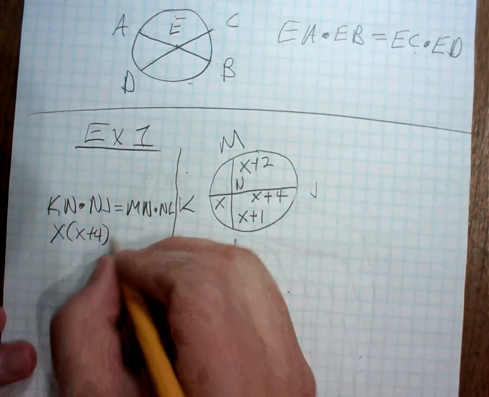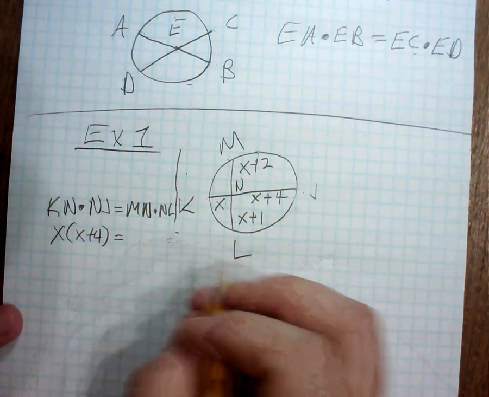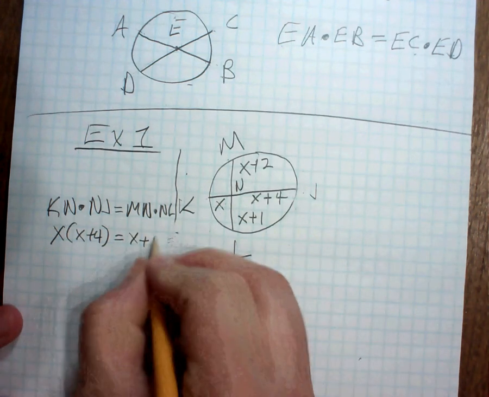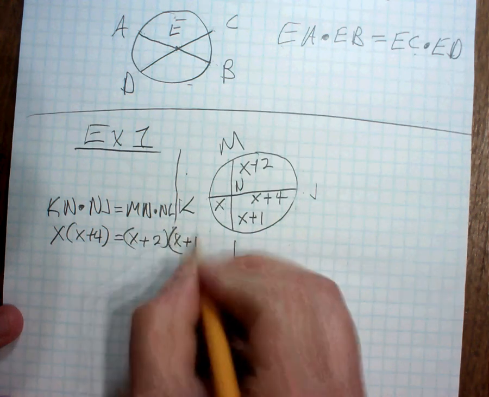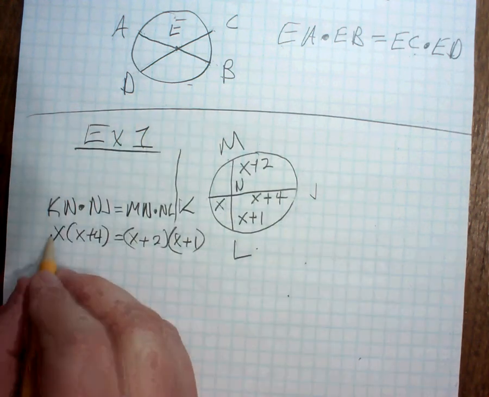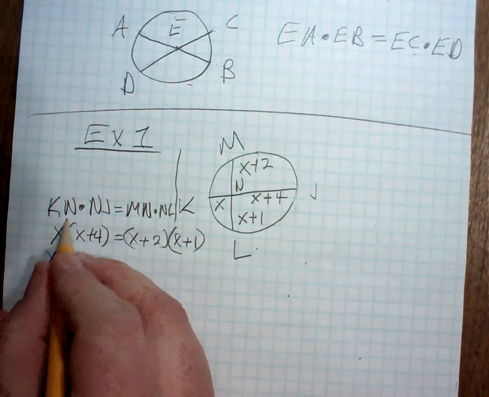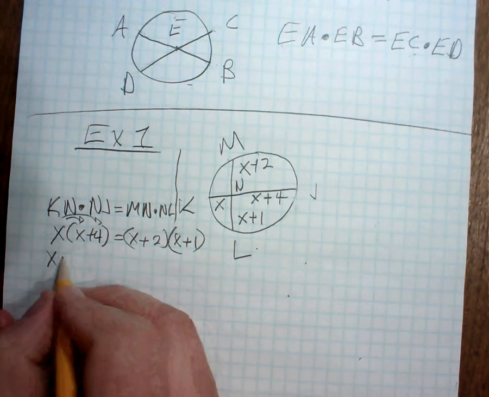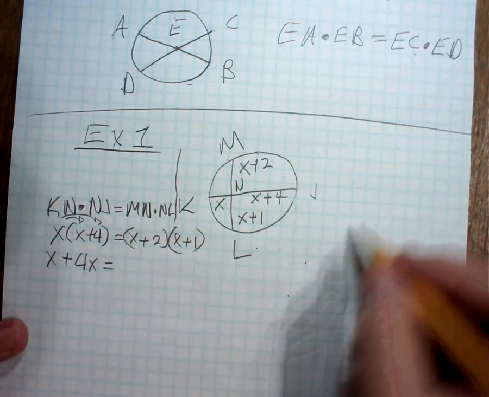And then over here, because I'm going to start to run out of room, I've got x plus 2 times the quantity x plus 1. So now this is easy. I'm going to push the x through. X times x is x squared, then x times 4 is positive 4x. Now this one I'm going to do the work over here.